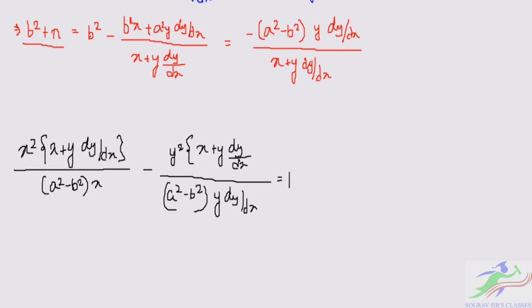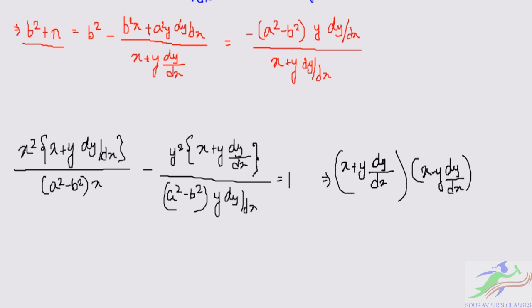Simplifying this, we get x plus y dy dx multiplied by x minus y dy dx equal to a square minus b square.